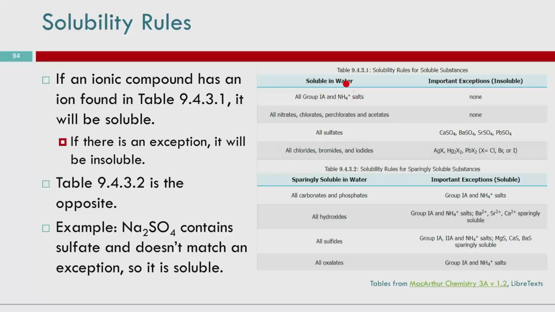For example, if we've got something with ammonium in it, like ammonium chloride, NH4Cl, the NH4 part is the ammonium, so we would find NH4+. It's soluble in water. There are no exceptions, so that means that this is soluble.